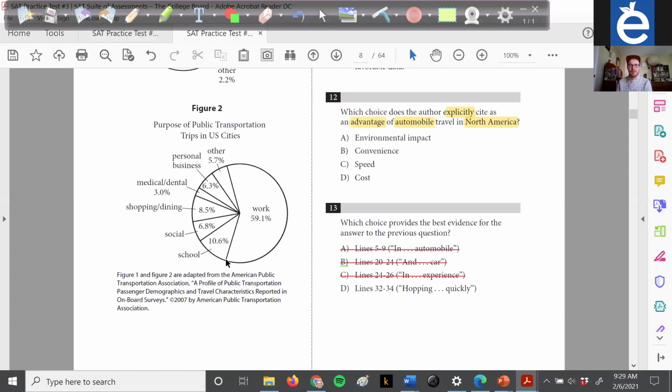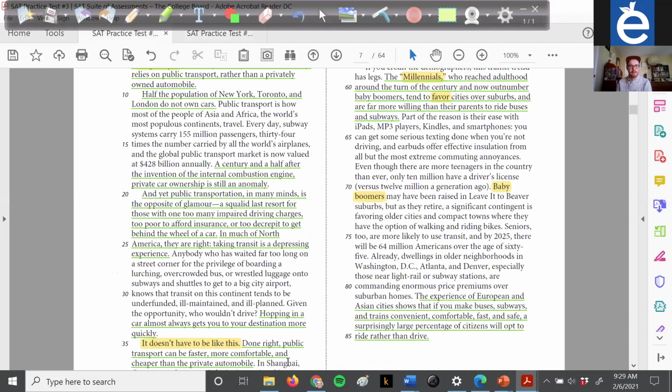Let's look at lines 32 to 34, starting with hopping and ending with quickly. Hopping in a car almost always gets you to your destination more quickly. There we go. We didn't even have to insult public transportation. We just have to talk about why being in a car is more convenient. It's an advantage.